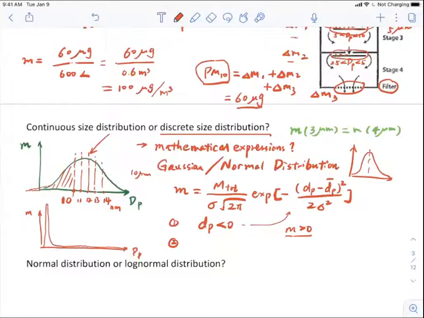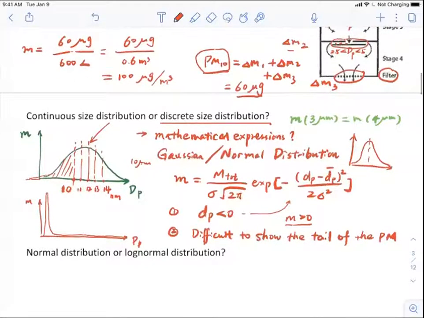So with this form, it's going to be very difficult to show the tail of the particulate matter, okay?